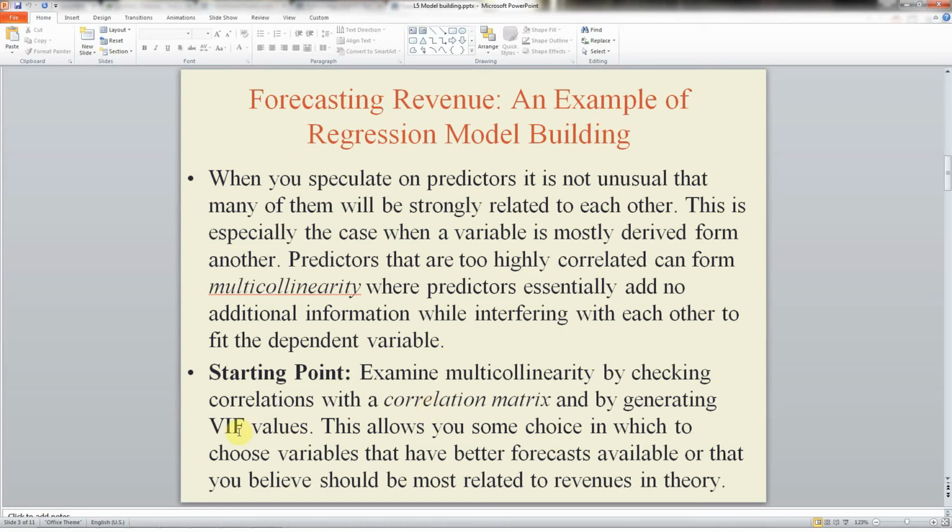Then we will look at the variance inflation factors and try to understand which ones we might be able to drop. We start with the correlation matrix to give us an idea right off the bat which things are going to be too correlated. So when we get the VIF values to tell us which ones we might want to drop, we can have some choice in which one we drop. We can try to drop the one that's going to give us the least benefit, or maybe fixes some problems we have.